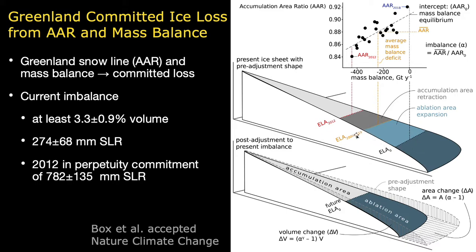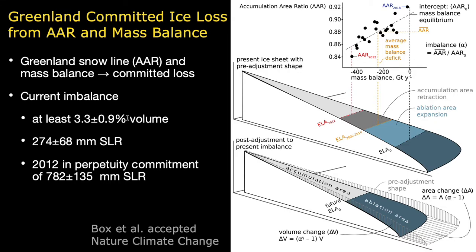And this new ELA is associated with a shape adjustment necessary for the ice sheet through its own dynamics to be in equilibrium with this new climate of the past 20 years. Implicit in that is a volume reduction and an area reduction that's equivalent with 3% of the area and volume.